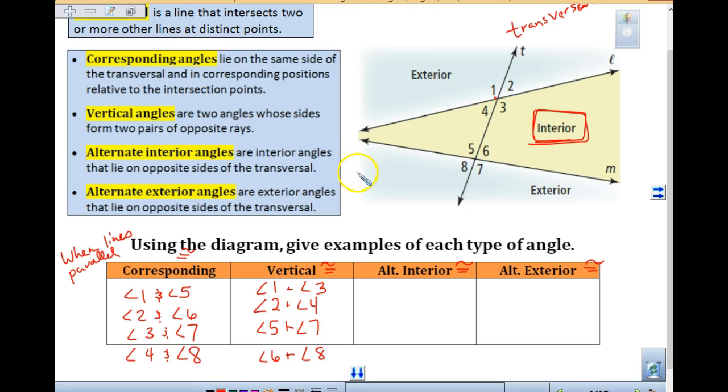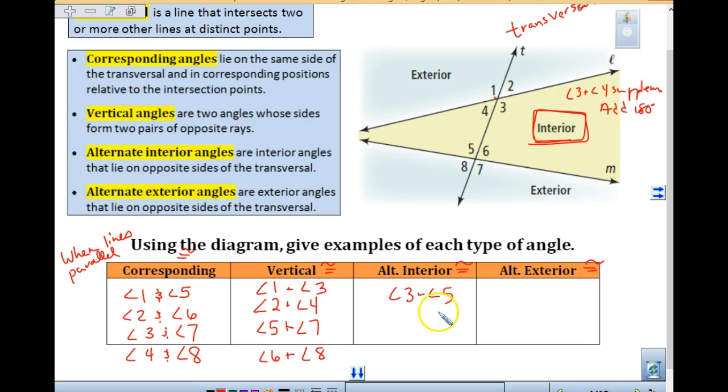Some people think 3 and 4, but 3 and 4 are what kind of angles together, that we had from the first part of your notes? 3 and 4 are supplementary, meaning they add to 180. Complementary adds to 90. So it can't be 3 and 4. So it's going to be angle 3 and angle 5.